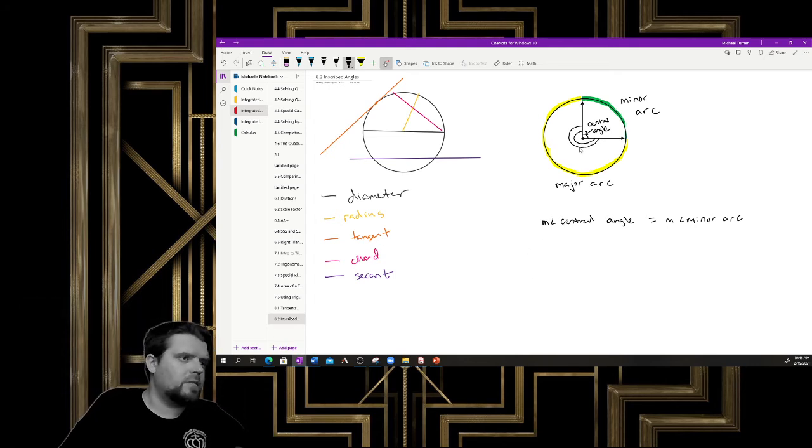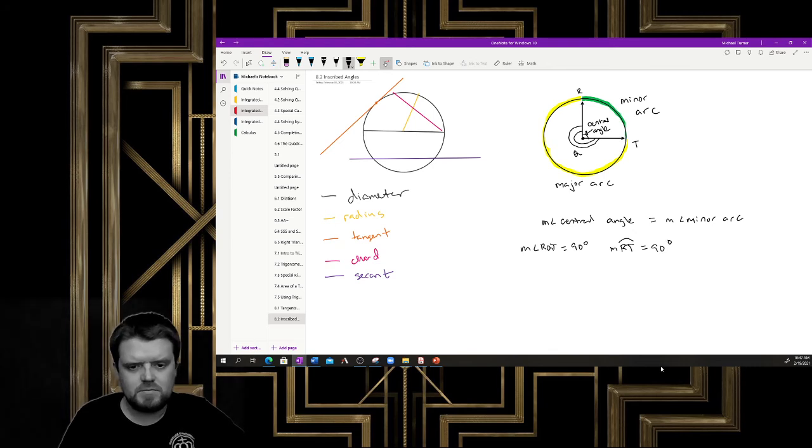And again, let's call it QRQT. So if I tell you the measure of angle RQT is, say, 90 degrees, then the measure of the arc RT, drawn as such, would also be 90 degrees.